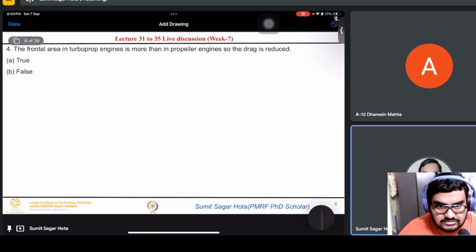To reduce that, the design of the turboprop engine was introduced. So in the turboprop engine, the frontal area is less as compared to the propeller engine. So this statement is false.